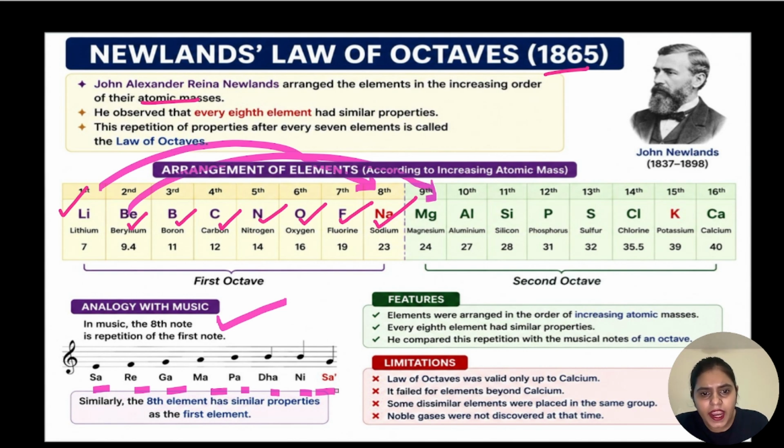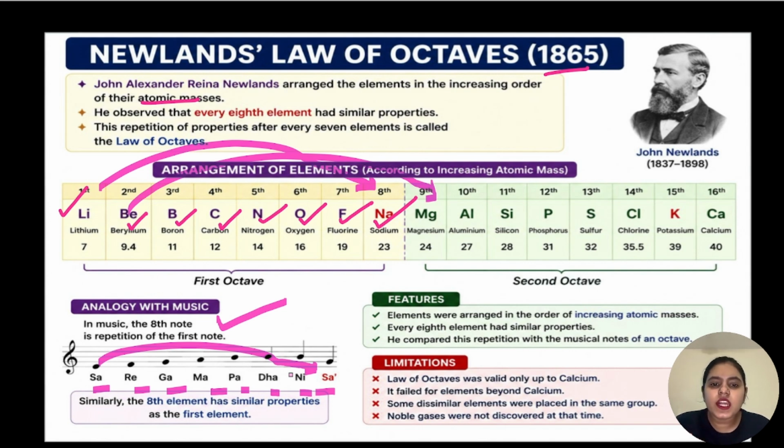So the 8th note, that is sa, repeats the first note, right? In the same way, every 8th element repeats similar properties. That's why Newland compared the arrangement of elements with the musical notes, right?